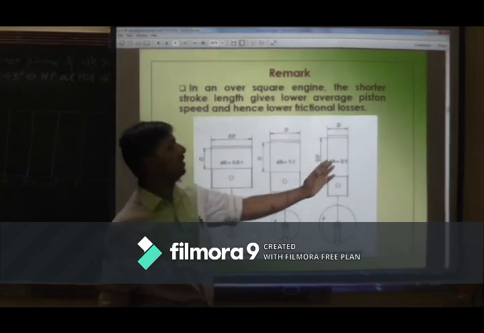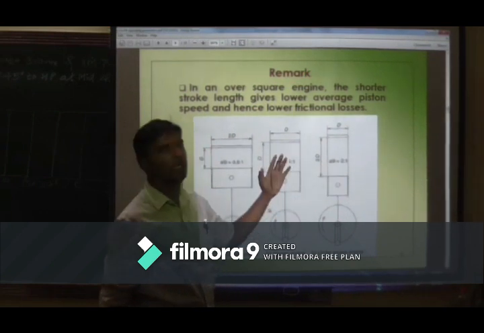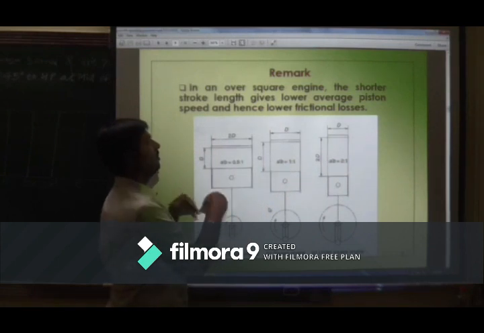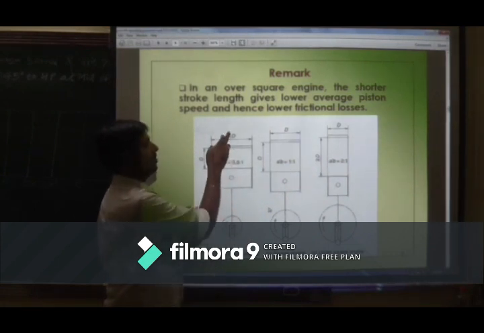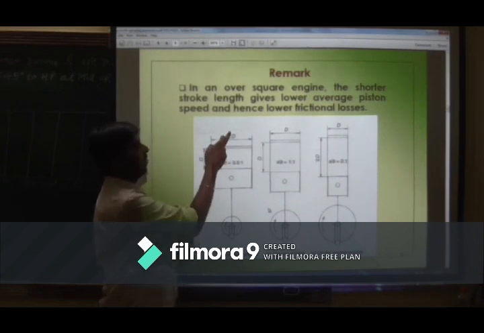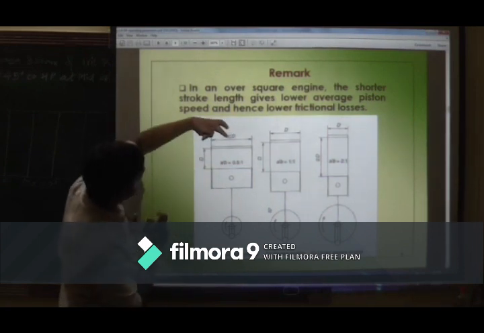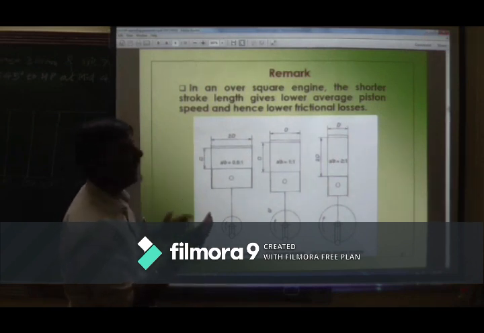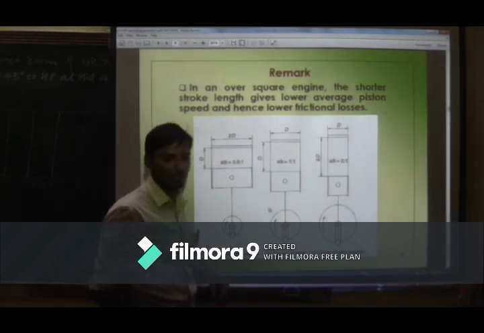So what happens? Knocking will be less here, knocking will be more here as compared to this. Why will knocking be more? Because the distance from spark plug to end charge is larger, so it will take more time to burn this charge, and when that charge gets burned from here, this end charge will get compressed and it will ignite, and knocking will happen, detonation will happen.